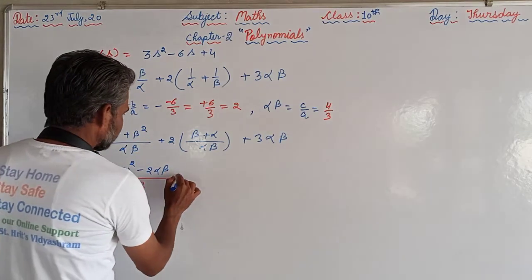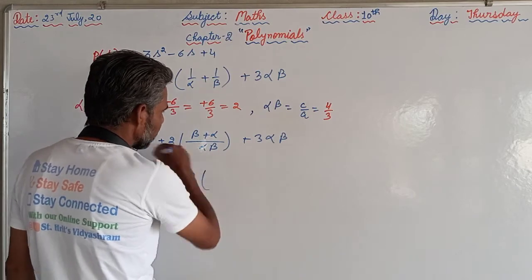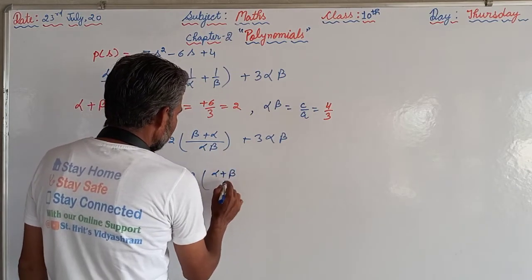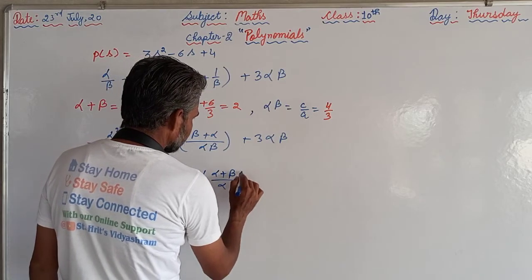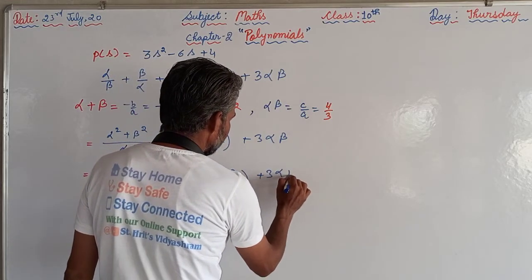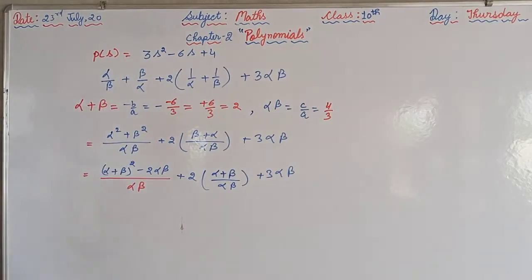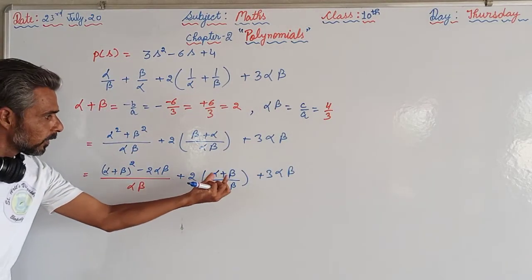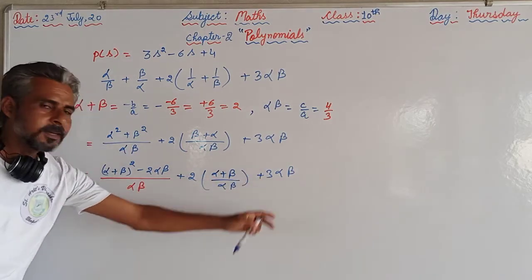At the same time, this will be the same: we can reverse beta plus alpha or alpha plus beta by the commutative property, plus 3 alpha beta. Now we are supposed to substitute the values of alpha plus beta and alpha beta.